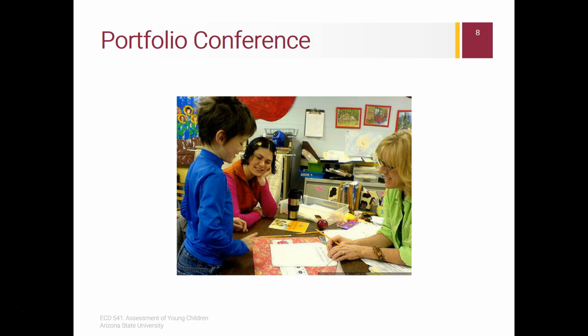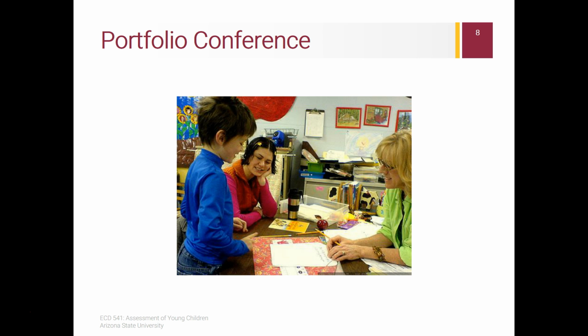A portfolio conference is another way to show a child's progress. There are two types, child-led and teacher-led. In a child-led portfolio conference, the child shows their individual portfolios to their parents. They explain the creation and development of each item, what they learned, and provide a self-reflection for each experience. This is a method that has been used extensively in Reggio Emilia schools.